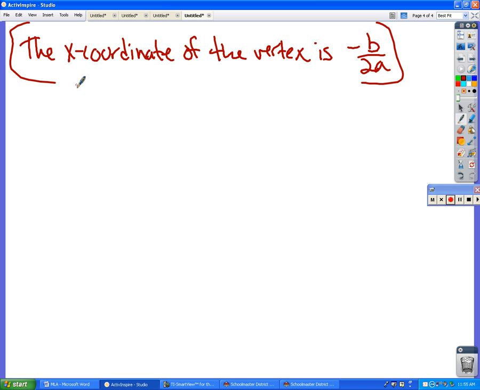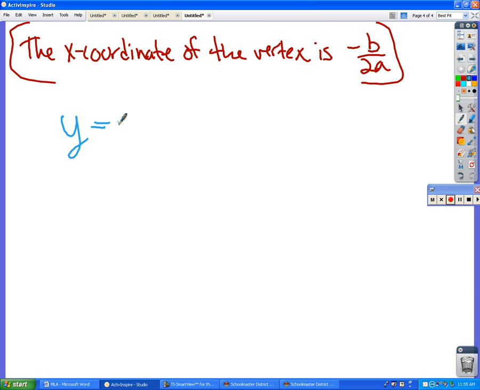Oh, we're going to do like 10 examples. Mr. Aldrich. Oh, yes, I can, because I'm going to give you numbers for b and for a. Actually, you're going to give me numbers for b and for a. So let's start with y equals, somebody raise your hand and give me the full equation for the parabola.